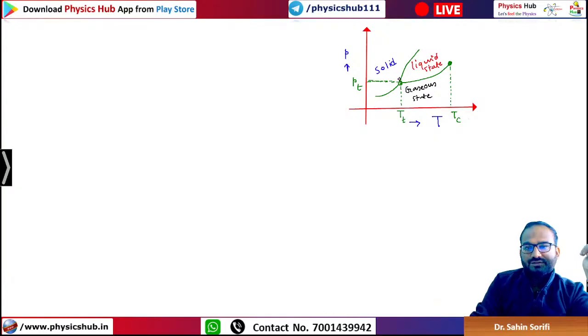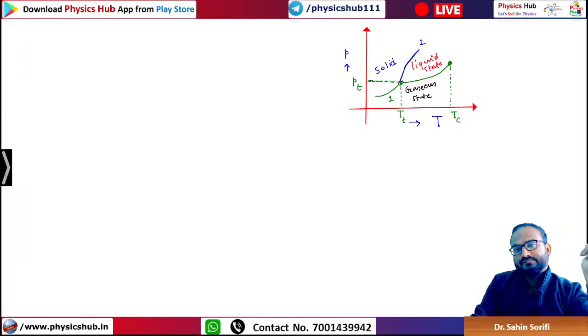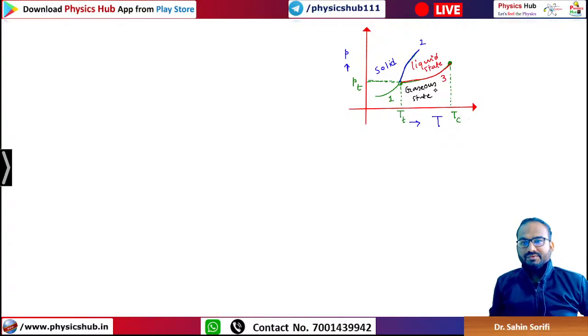Let's say this green portion, we call it 1. This one is 3.